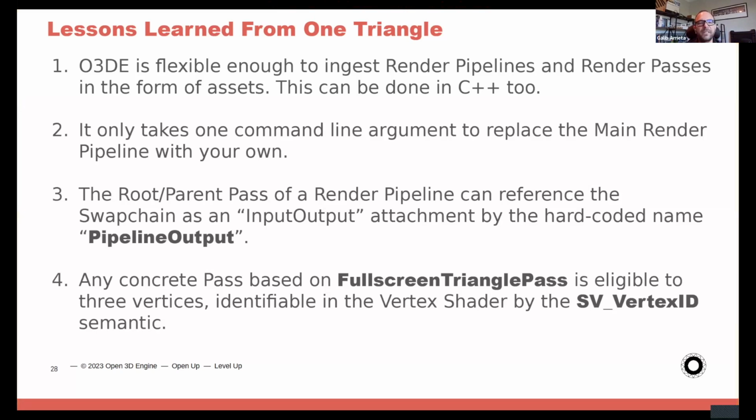Another important thing is that the root parent pass of a render pipeline can reference the swap chain as an input-output attachment by the hard-coded name pipeline output. And finally, any concrete pass that is based on the full screen triangle pass is eligible to 3 vertices, identifiable in the vertex shader by the SV_VertexID semantic. So you're limited to 3 vertices in these kinds of passes.